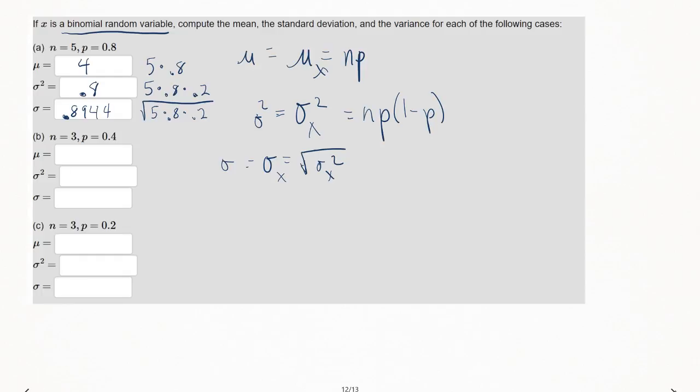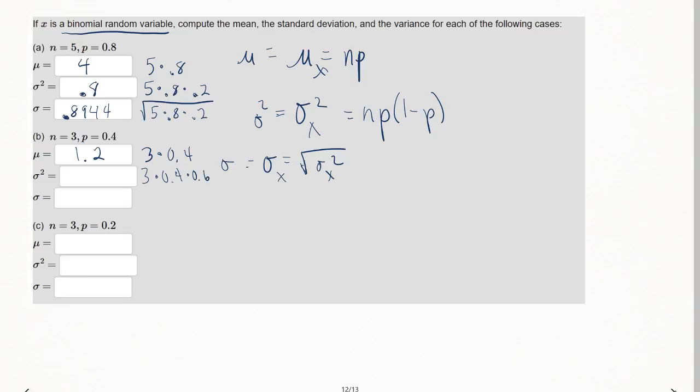Questions on that? I know that seems kind of crazy, but that's basically what these are. So the next one, n times p, so you have n equals 3, and your probability is 0.4, so that's 3 times 0.4, which is 1.2. The next one would be 3 times 0.4 times the probability of it not occurring, which would be 0.6.